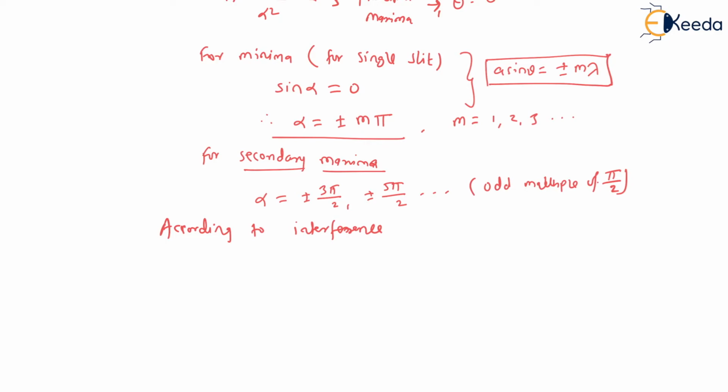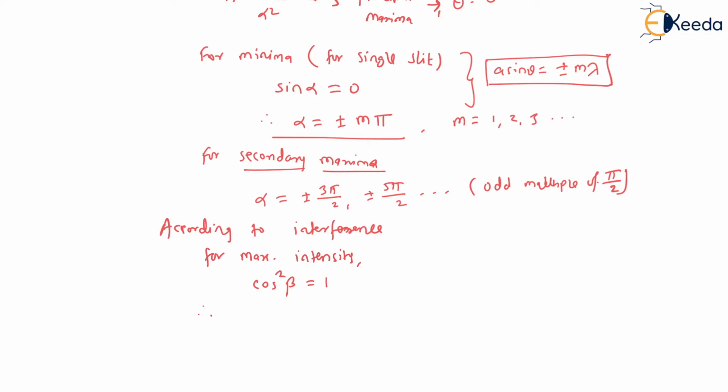So for interference, for maximum intensity, the condition should be that the value of cos square beta has to be equal to 1. Then we will get the maximum intensity.